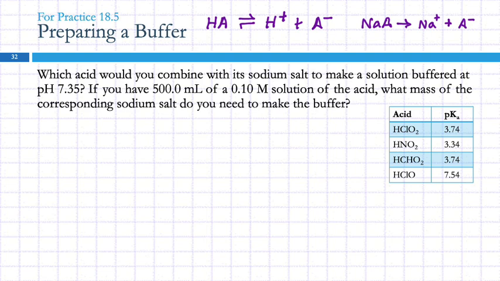They're just going to watch and not participate. So we could use sodium, we could use potassium, we could use almost anything. Sodium is easy and common. Okay, so that's what that means. We want a buffer with a pH of 7.35. Which of these acids would be the best one to use?